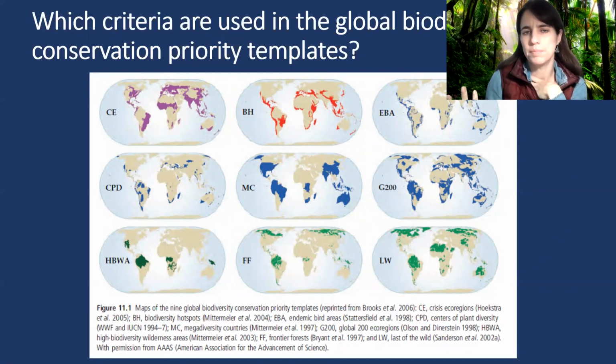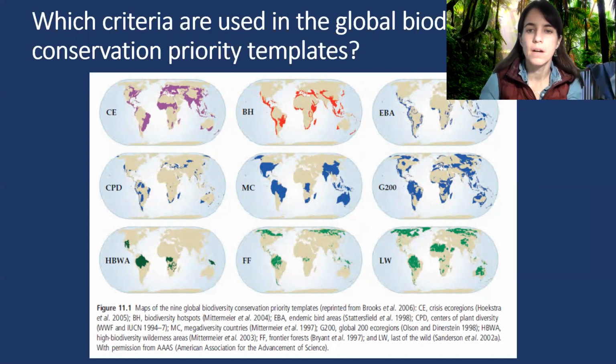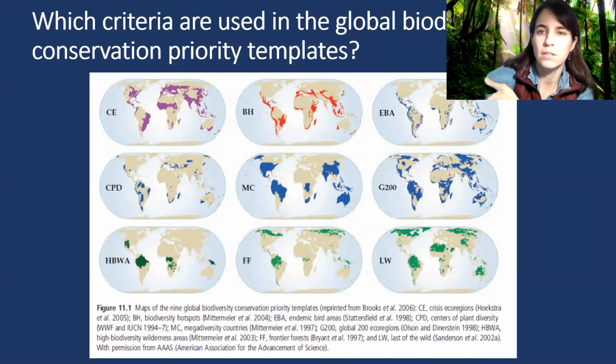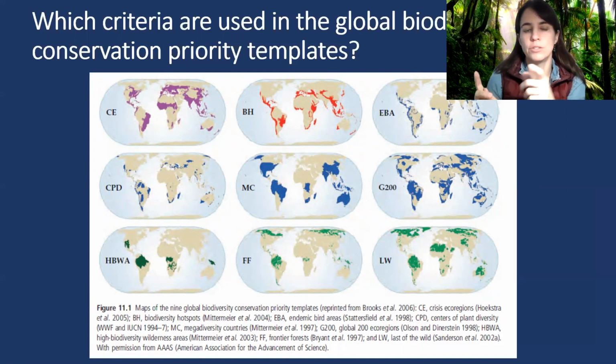And country is just a human political line, right? Although it makes sense if you're thinking about, oh, these countries have a lot of diversity, we should encourage them to put money into biodiversity conservation. G200, that's ecoregions, important ecoregions. What is that, HB? Oh, high biodiversity wilderness areas. So areas that are both very biodiverse and also very remote.